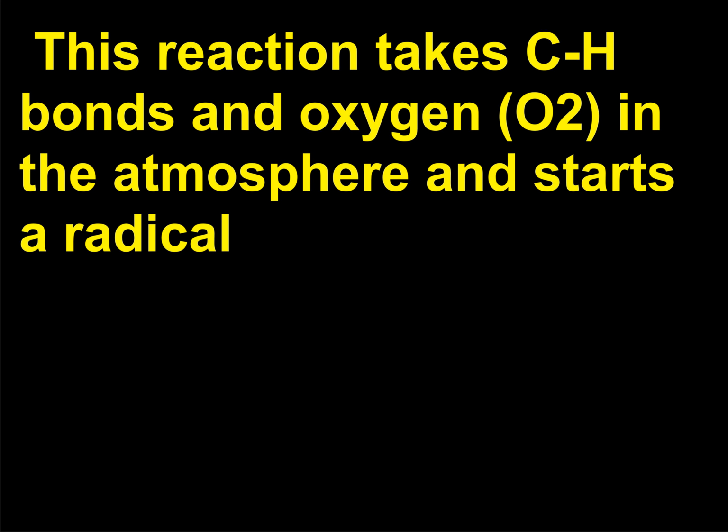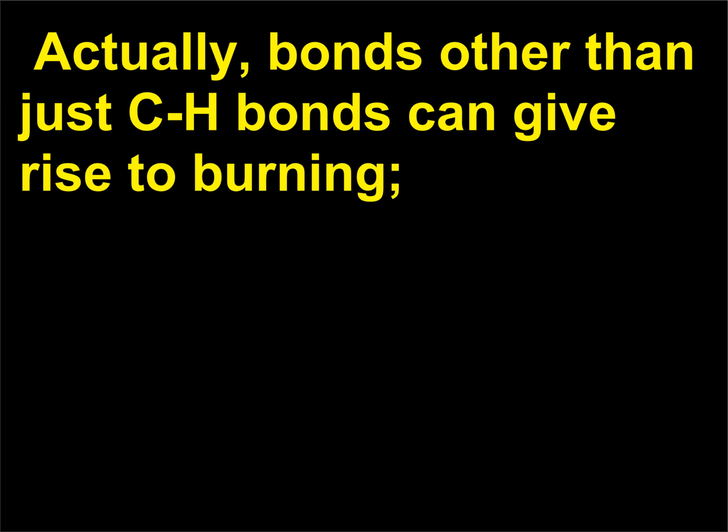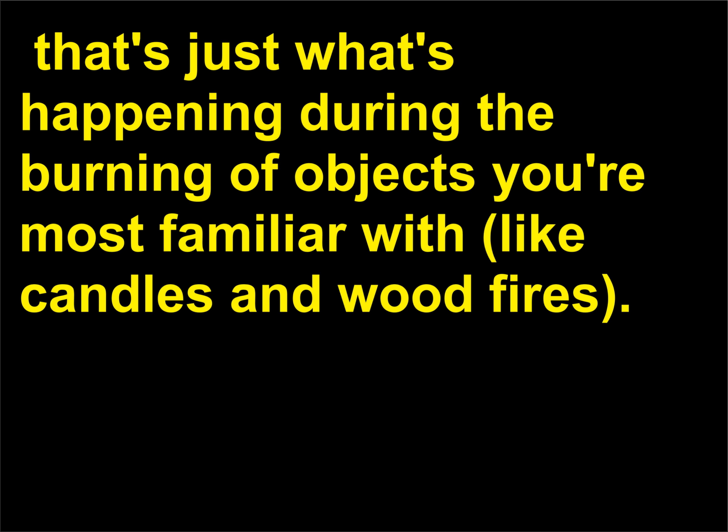This reaction takes C-H bonds and oxygen, O2, in the atmosphere and starts a radical chain reaction that keeps going as long as there is still fuel and oxygen around. Actually, bonds other than just C-H bonds can give rise to burning. That's just what's happening during the burning of objects you're most familiar with, like candles and wood fires.